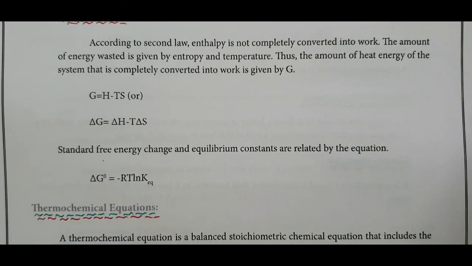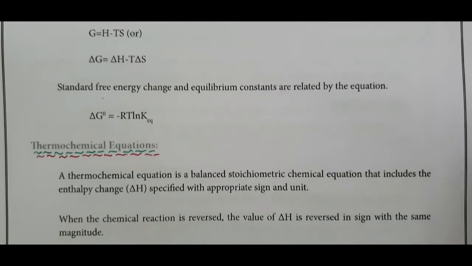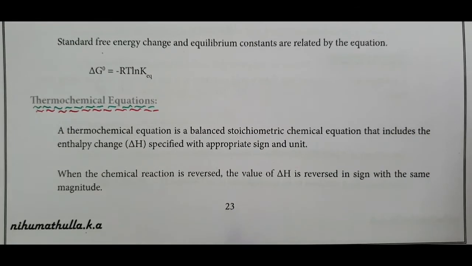Now come to the thermochemical equation. A thermochemical equation is a balanced stoichiometric chemical equation that includes the enthalpy change delta H specified with the appropriate sign and unit. When the chemical reaction is reversed, the value of delta H is reversed in sign with the same magnitude.